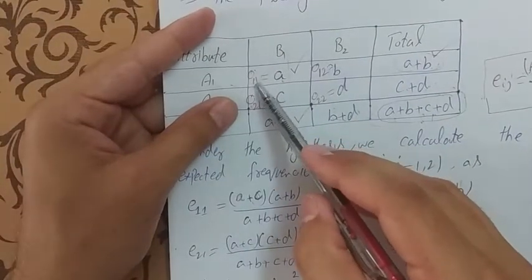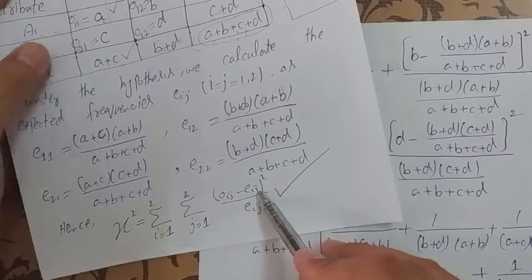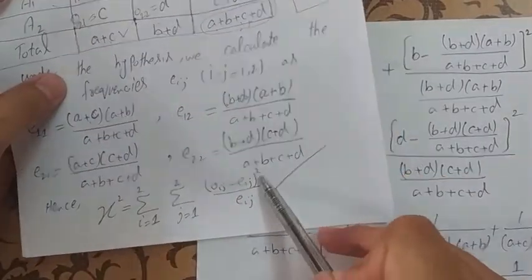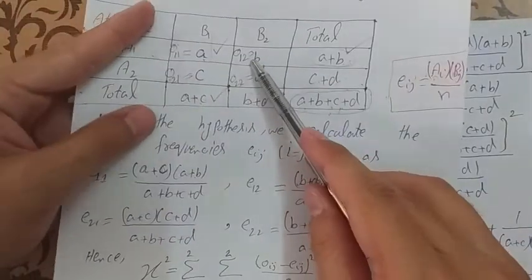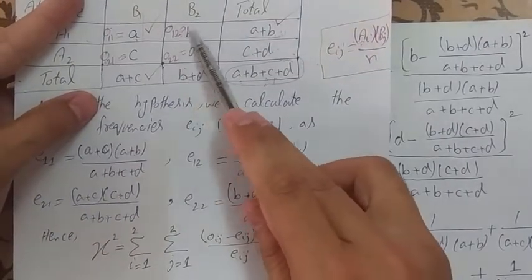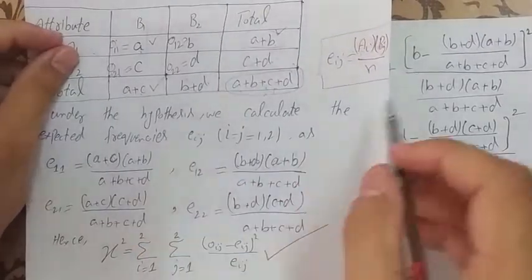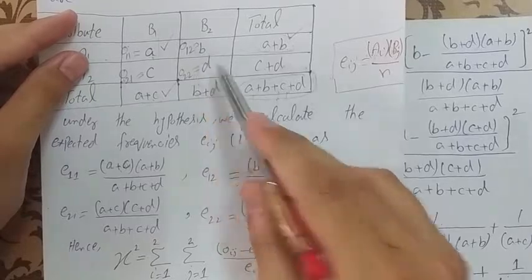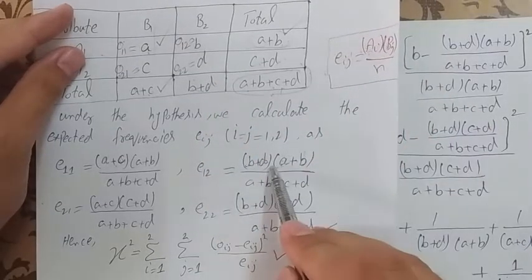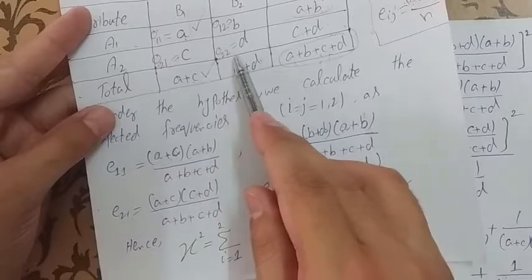For the first value O11, a minus E11, write this, and whole square according to this formula, and plus for O12, b minus the E12 value, whole square divided by this, and write similarly for O21 and O22.